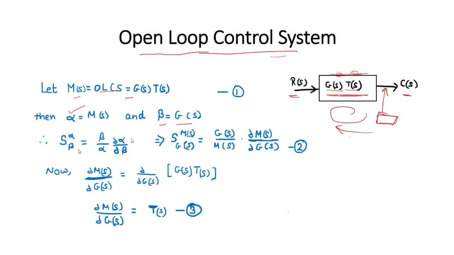G(s). So now we will calculate the sensitivity of the open loop control system with respect to the forward path element. So this is your formula, and we will put everything here. So partial differentiation of this open loop control system with respect to G(s) is nothing but equal to T(s). You can see from here.